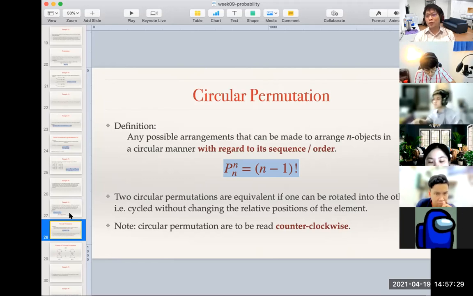Before you create the online ticket selling application, what is the basis for that? Why do you want to come up with this application? Because you want to reduce the number of people lining up in a queue just to buy the ticket. So in that case, you know what this kind of queue will look like, whether it's in a linear form or a circular form.